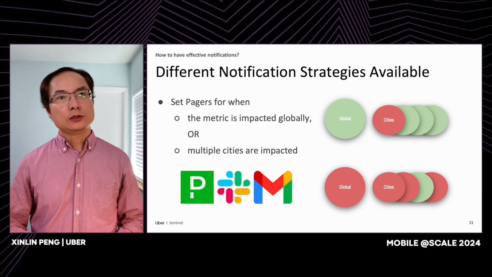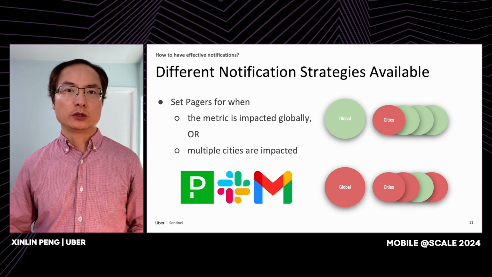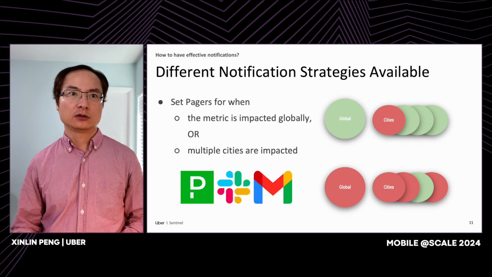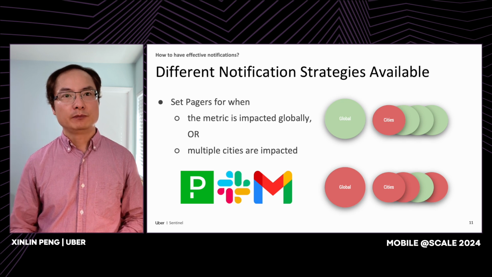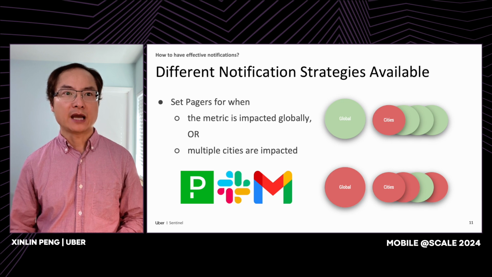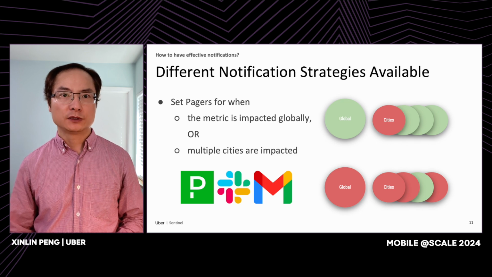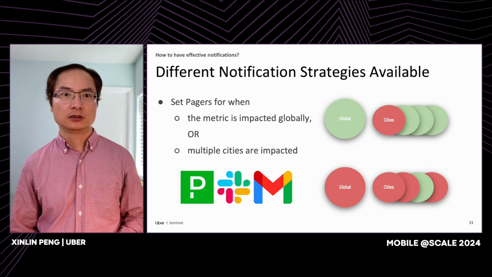Now, when you are tracking the same metrics across hundreds of cities, you also want to streamline notifications. You can choose to be paged only when the metric is impacted globally, or when a certain number of cities are impacted.